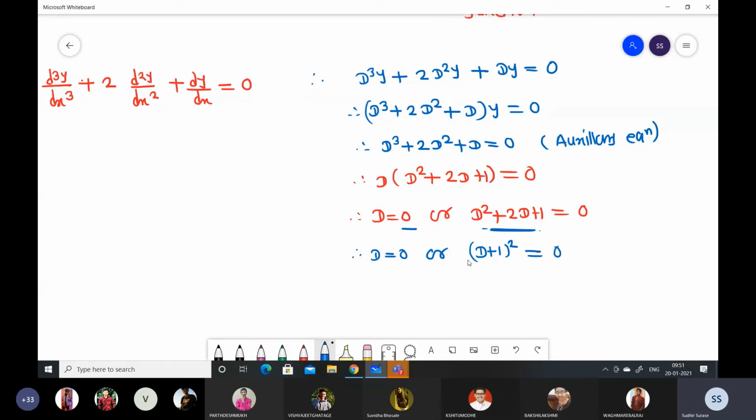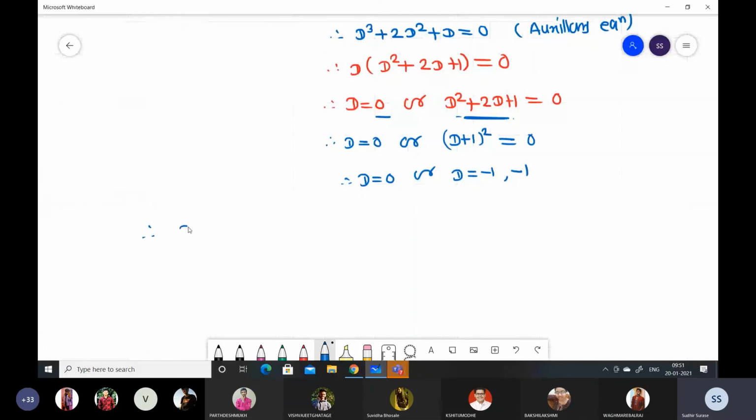So d is equal to 0, or d plus 1 is equal to 0, which will give me d is equal to minus 1 comma minus 1. So the total roots are d is equal to 0, second minus 1, third minus 1.